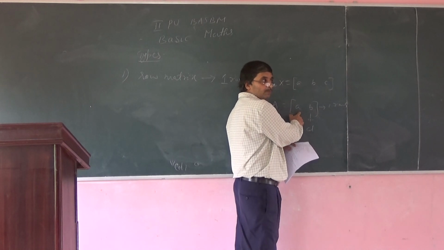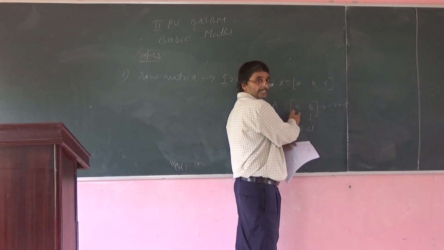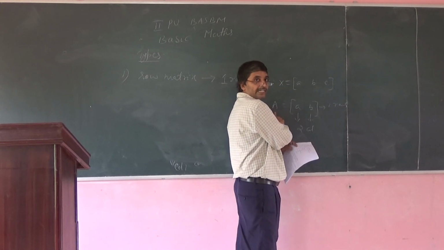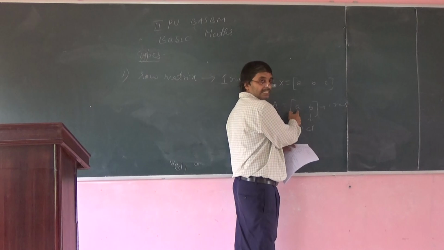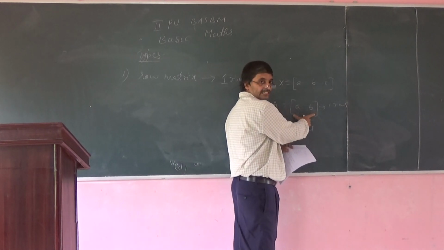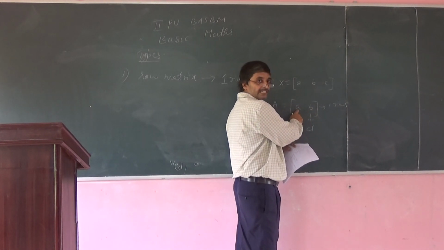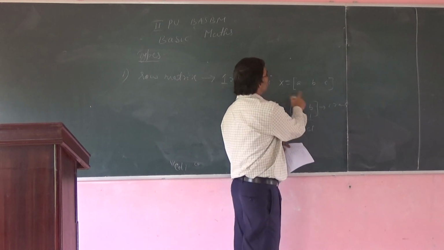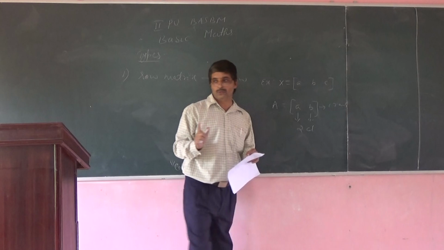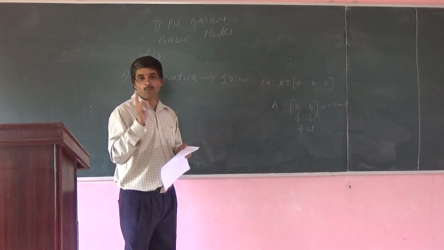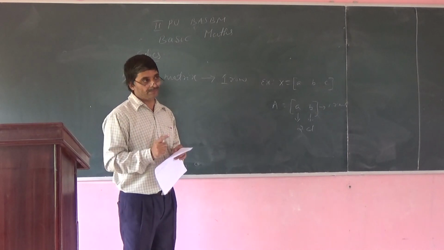It is an element of the matrix A. A is the name given for this entire matrix, whereas small a is the element of the matrix. So come back to the row matrix. Row matrix means only one row. Easy to remember: a stands for one, single.